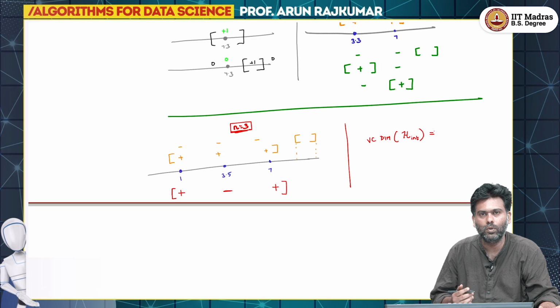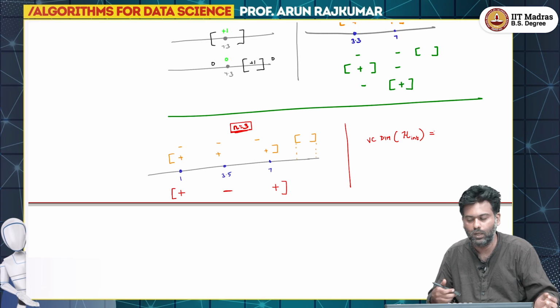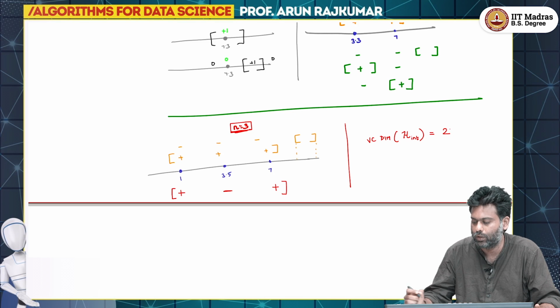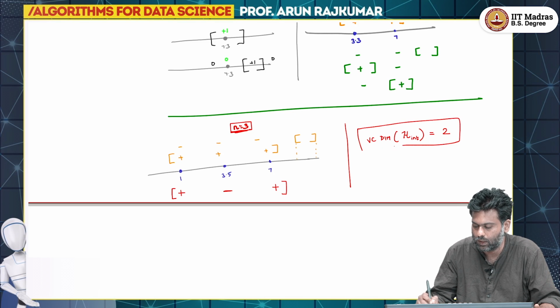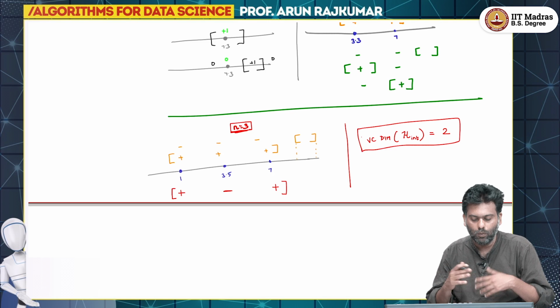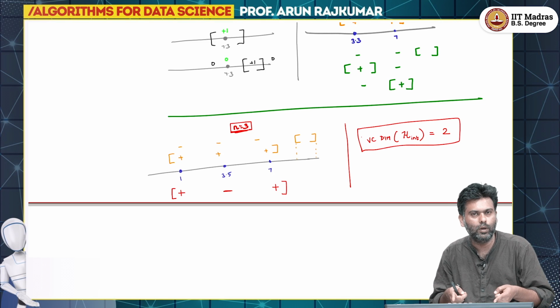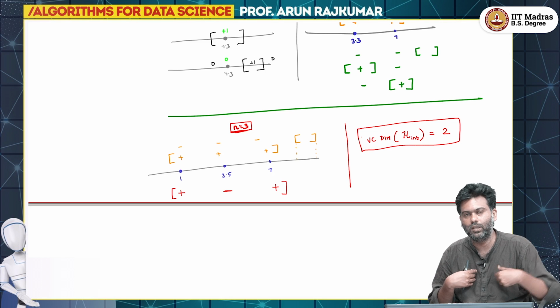In this case, when n equals 3, I have a winning strategy, but for n equals 2, you have a winning strategy, which means that the VC dimension is basically 2 in this case. For n equals 3, you can be intelligent about choosing these data points, but remember, no matter how intelligently you choose 3 data points, I still have a winning strategy. I will pick the middle one.